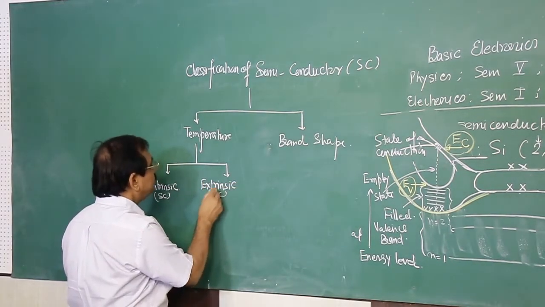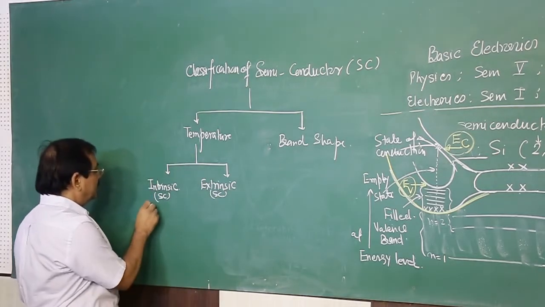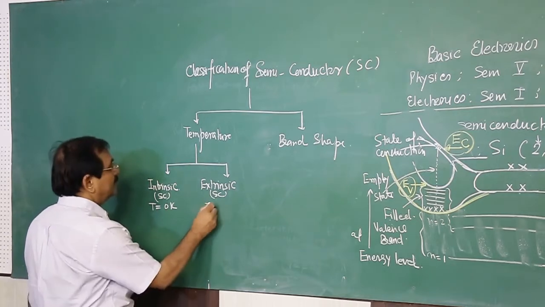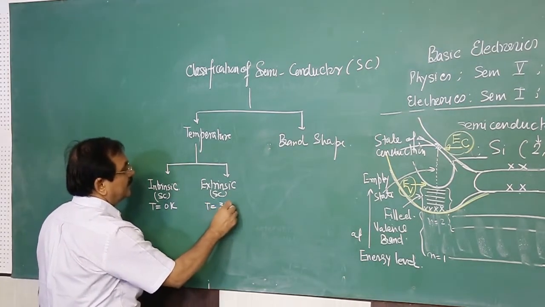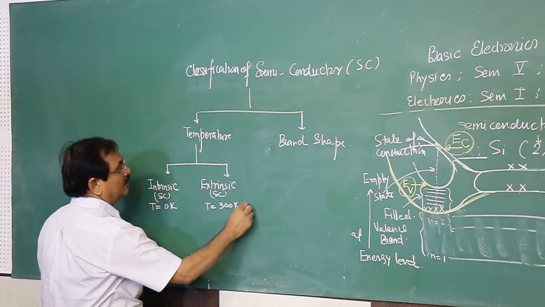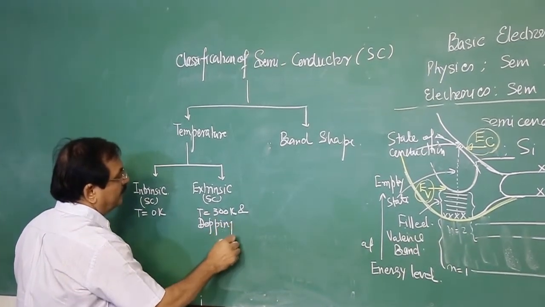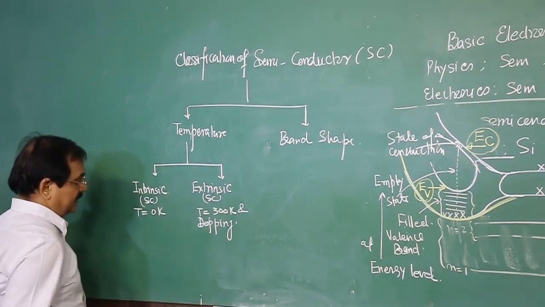Intrinsic means at T equal to 0 Kelvin it is a bad conductor, and at T equal to 300 Kelvin it is conducting.